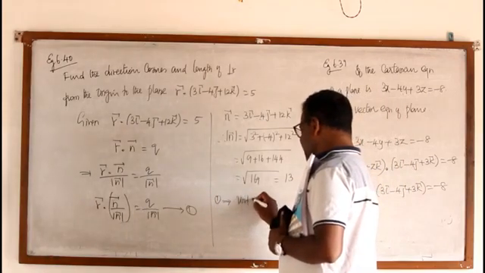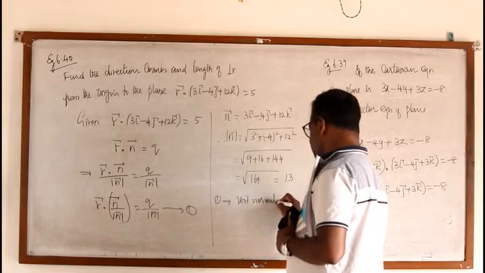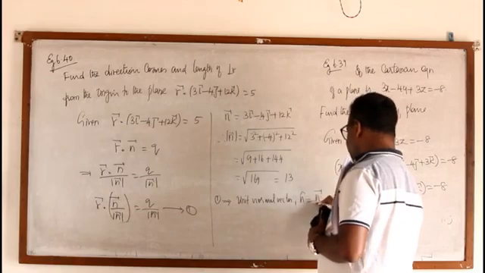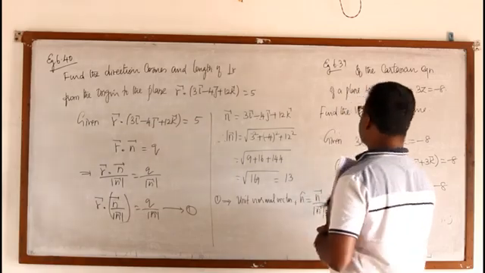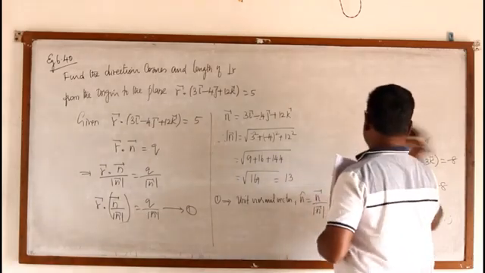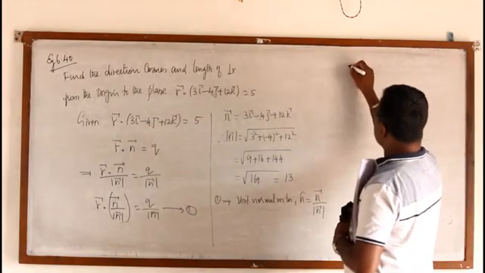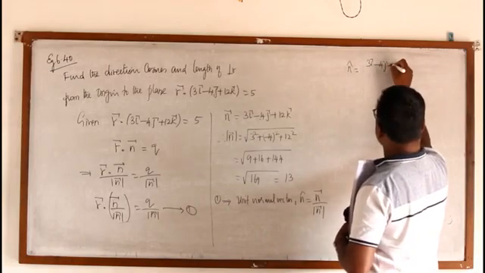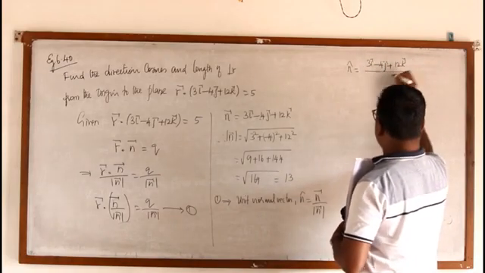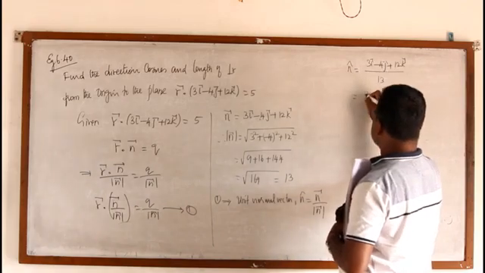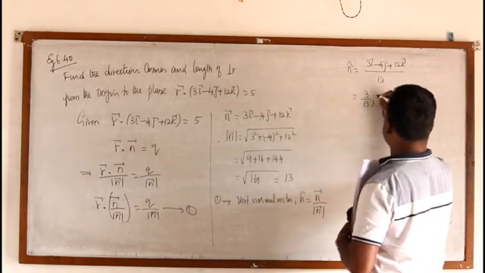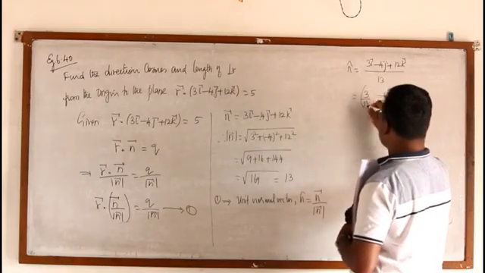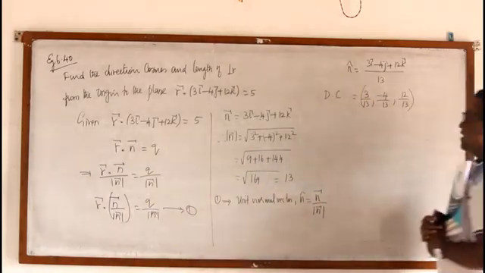Therefore, the unit normal vector is n cap equal to n vector by modulus of n vector. We found the modulus of n vector. Therefore, n cap equals 3i minus 4j plus 12k by 13. If I divide separately, 3 by 13, minus 4 by 13, 12 by 13. This is our direction cosine.